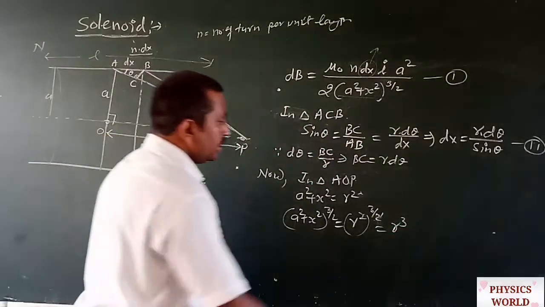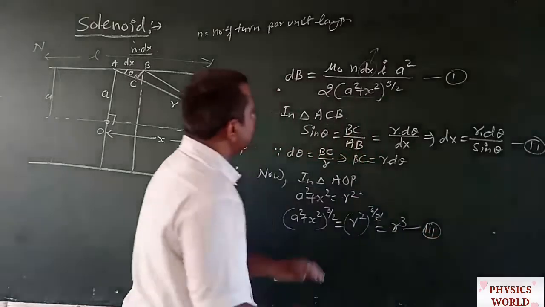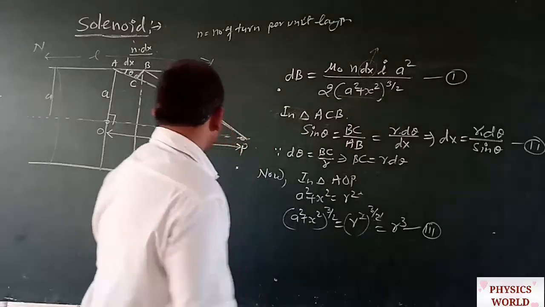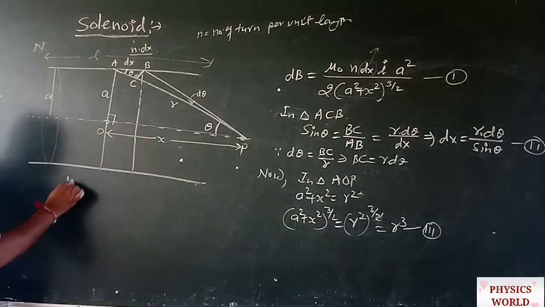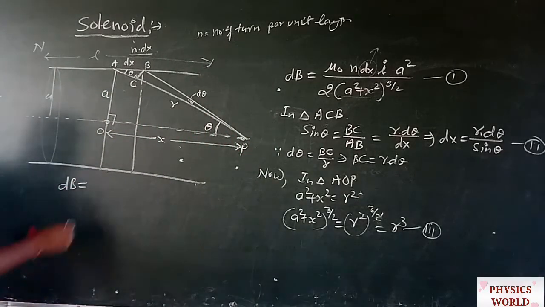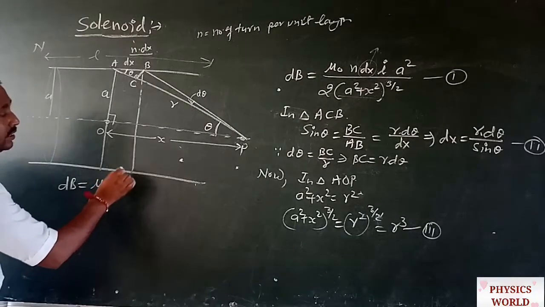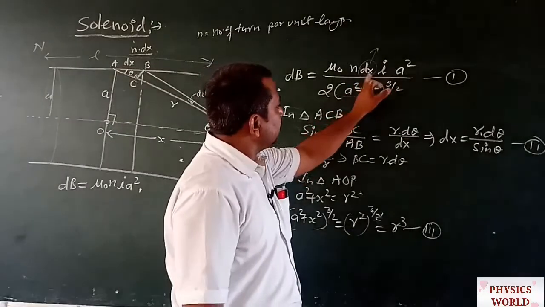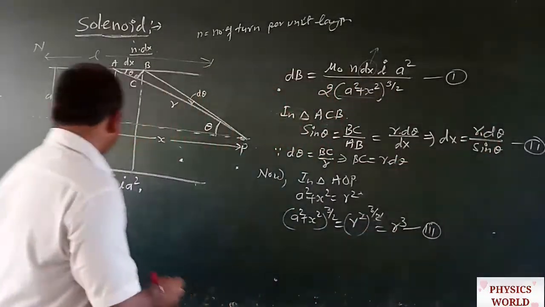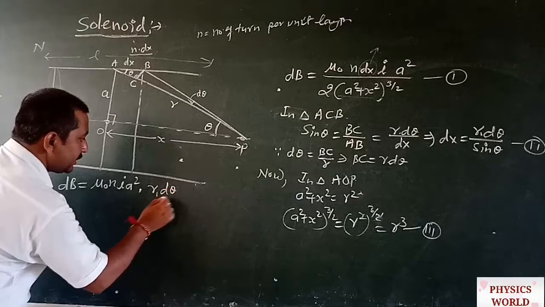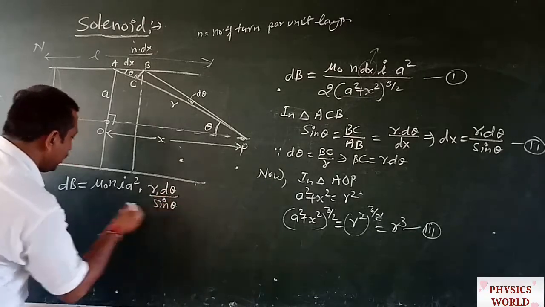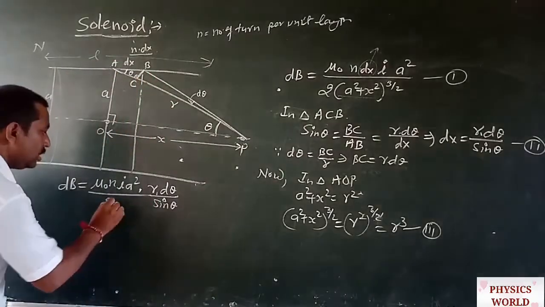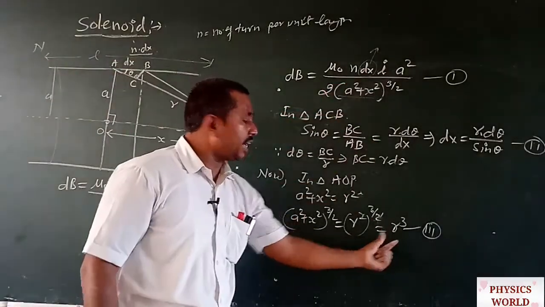So if we put these two values of dx and a square plus x square in this equation first, we get dB equal to mu 0 n I a square dot dx, that is R d theta by sine theta, divided by twice of the value of this, which becomes R cube.